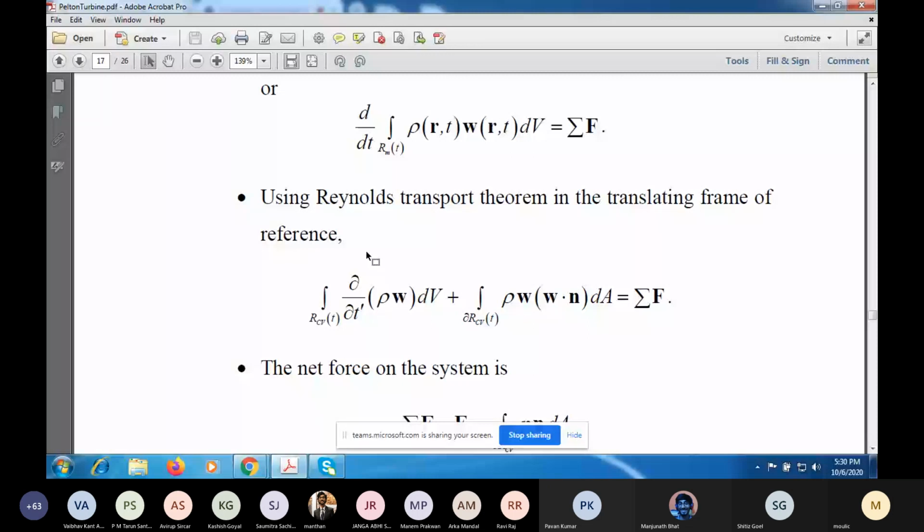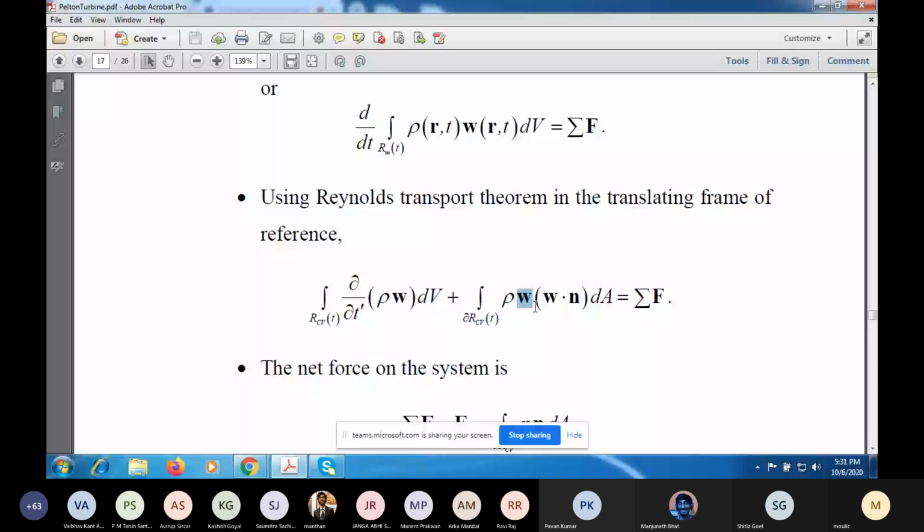And you have the flux term. So this flux is carried by this W dot n, the relative velocity, and here you have W. So this also is W. So I've written here W dot n in parentheses because this is a scalar and this is a vector.